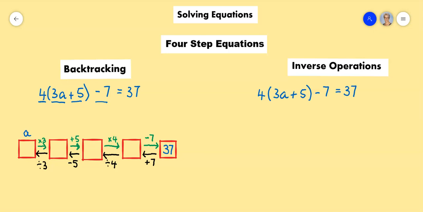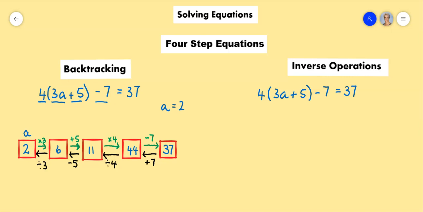So now let's work backwards to solve the equation. 37 plus 7 is 44. 44 divided by 4 is 11. 11 minus 5 is 6. 6 divided by 3 is 2. So our solution to the equation is a is equal to 2.